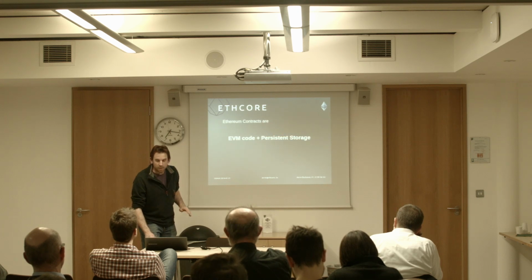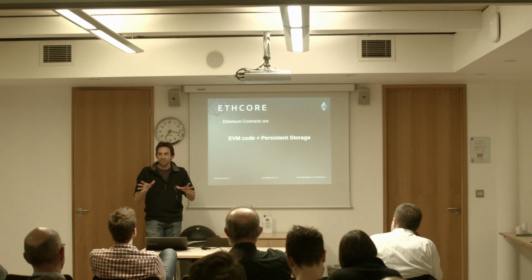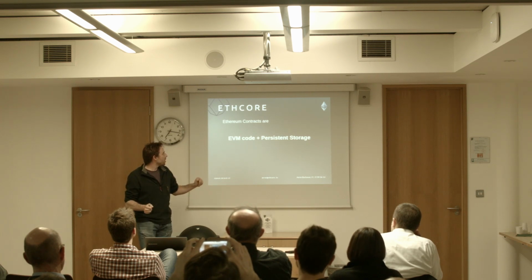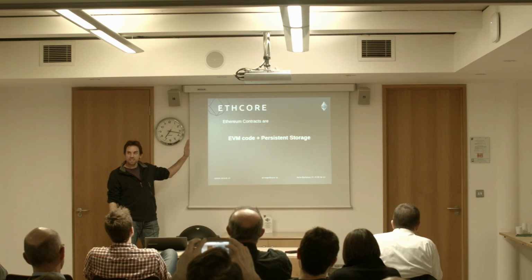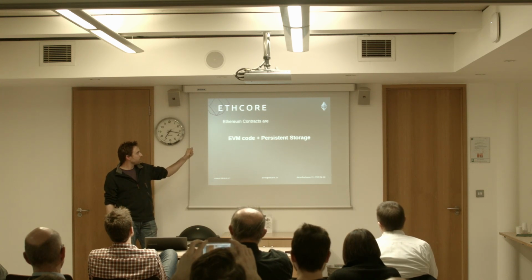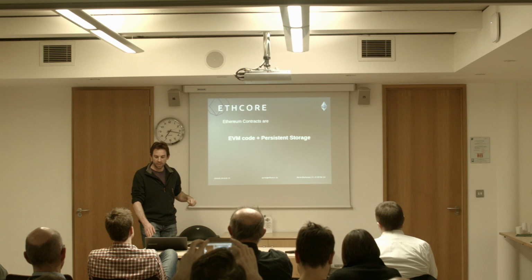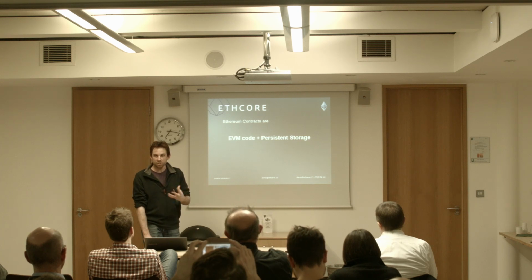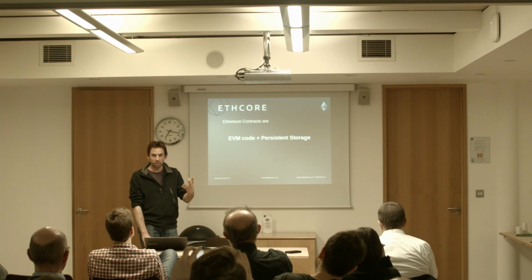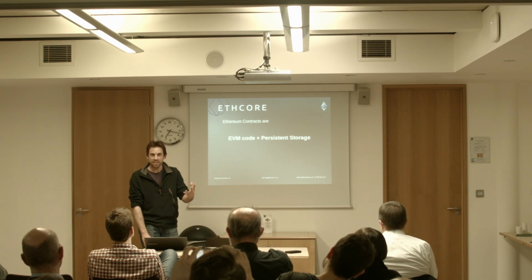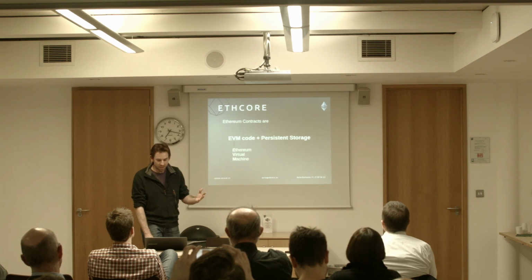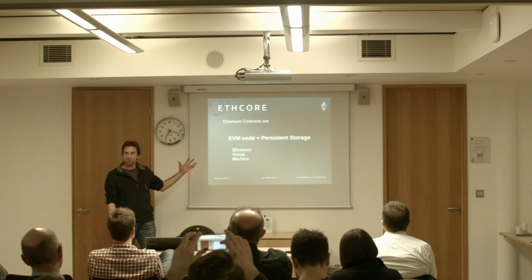Now, just quickly for people who are interested in this level of detail, an Ethereum contract, a world computer program, is EVM code plus persistent storage. And that persistent storage exists on the platform, and as I said, will remain there in a decentralized and fully guaranteed fashion. So EVM is the Ethereum virtual machine.